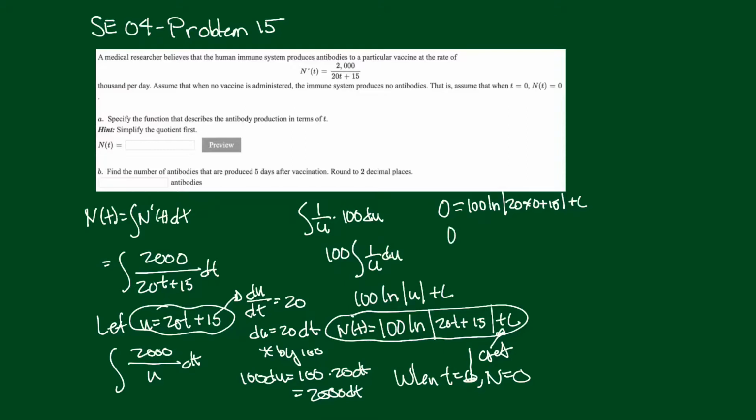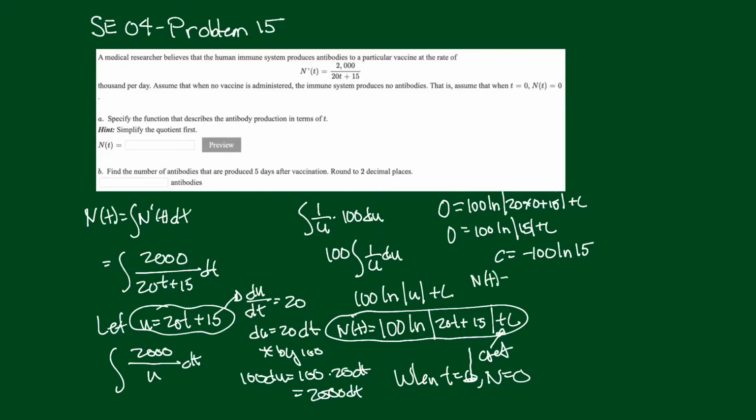So this will give us 0 equals 100 times the natural log of, 20 times 0 is 0, the natural log of 15 plus c. So c will be negative 100 natural log of 15. I can take those absolute values off because 15 is positive. So now here is our function.